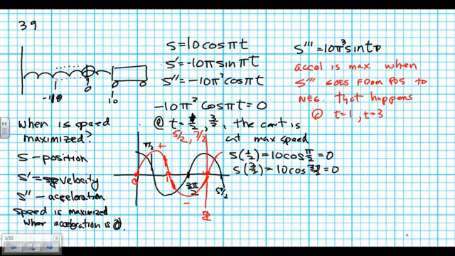Last part of B is asking, well, what's the speed when that happens? Well, finding out the speed is finding out the absolute value of the velocity.